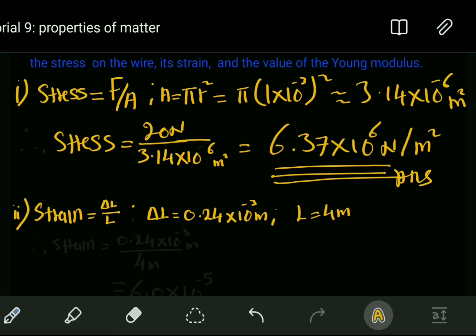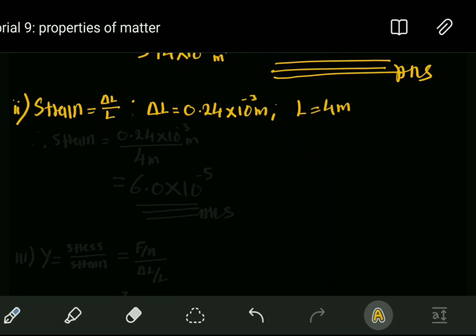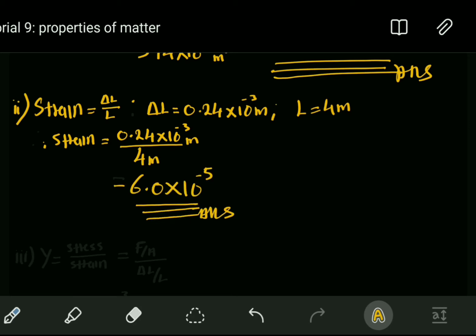Therefore strain equals the extension divided by the original length, giving us the value of 6 times 10 to the power minus 5.